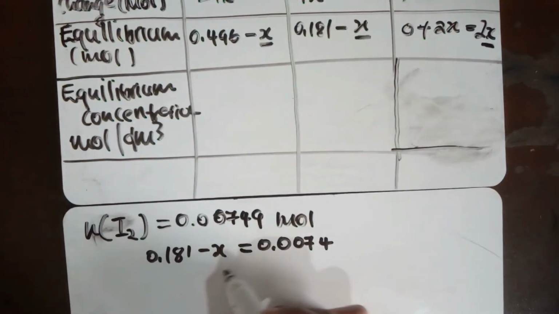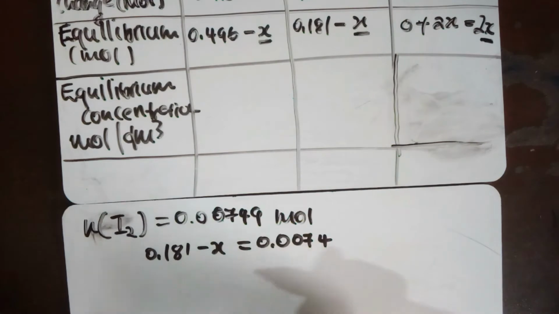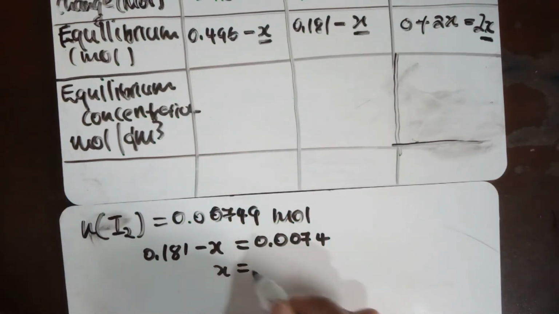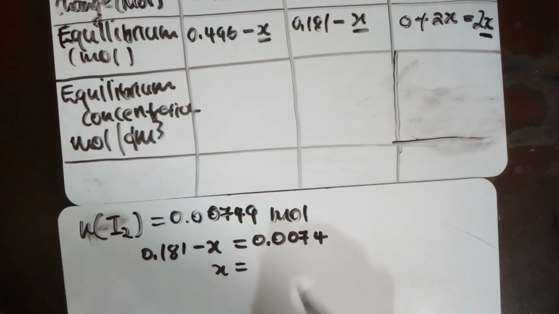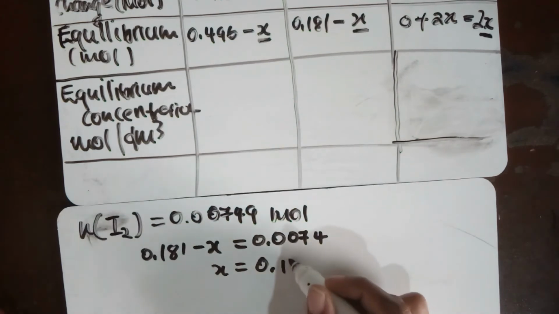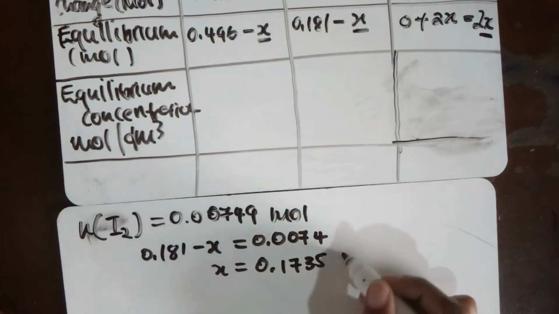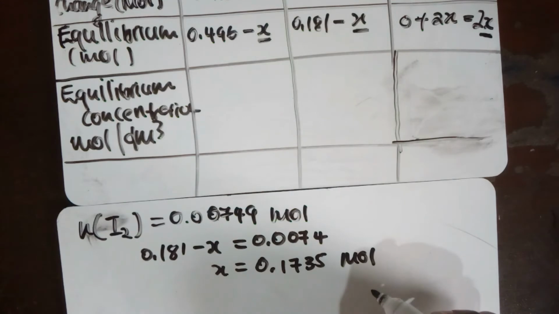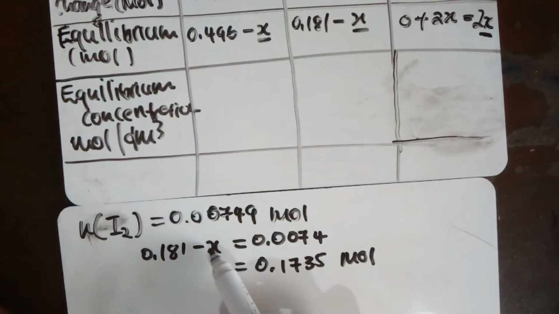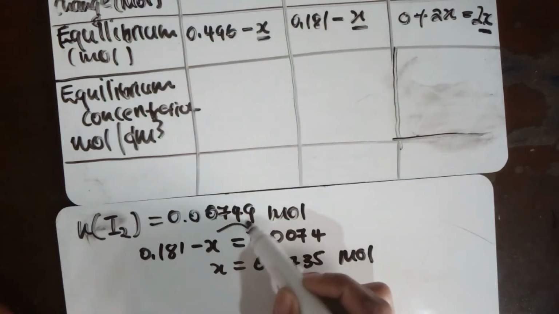And then it's just a matter of making x the subject. Simple math, you should be able to do it, and you find that x is actually 0.1735 moles, right?